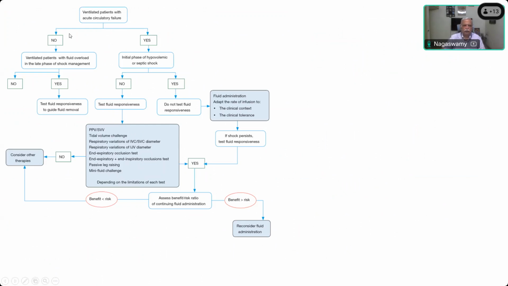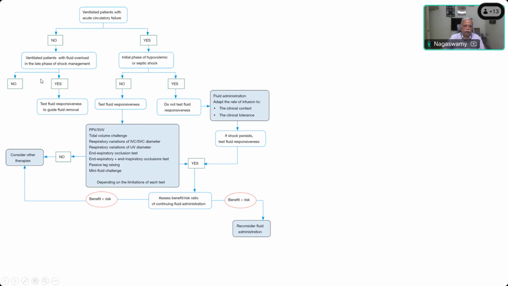In cases where you have a doubt that the patient is ventilated but not in acute circulatory failure, and his blood pressure is slightly low or hemodynamic stability is not normal, then the patient with fluid overload in the late phase of shock management, that you first rule out.